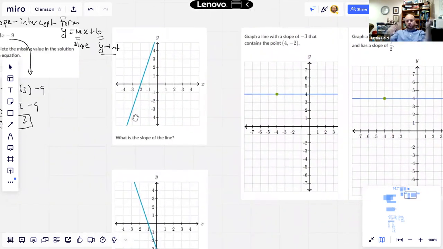It's like we go on ski slopes or something like that, and then your slope can be steep, it can be more flat, but the slope is just describing the steepness of a line, right?